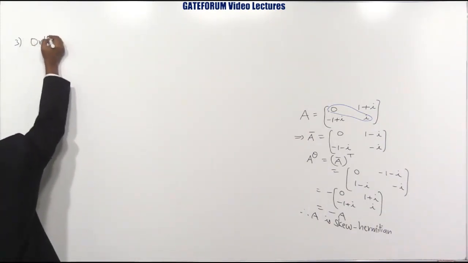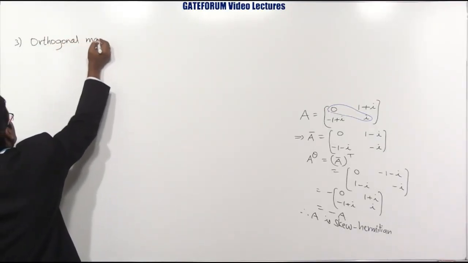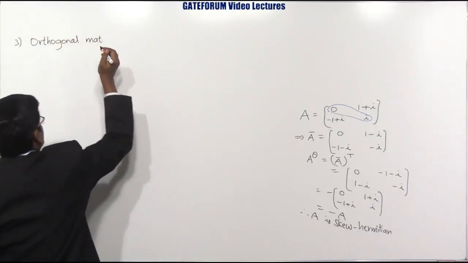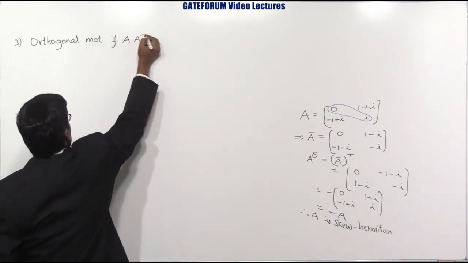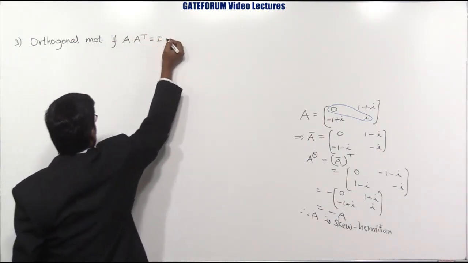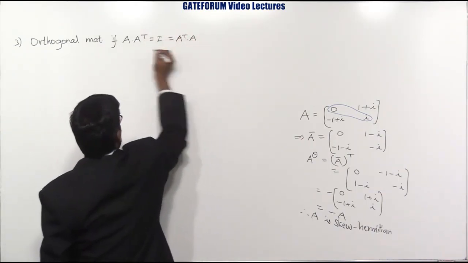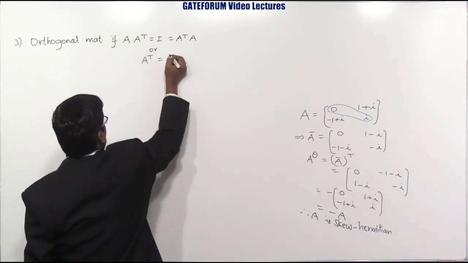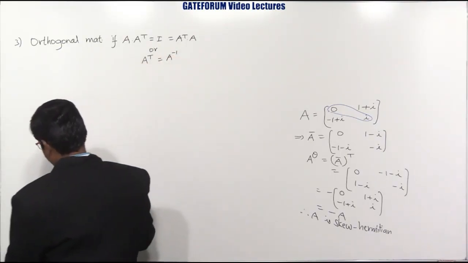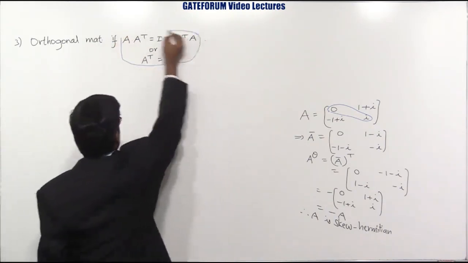Orthogonal matrix: if A into A transpose is equal to I, the identity matrix, is equal to A transpose into A, or the transpose of a matrix is equal to the inverse of the same matrix, then that matrix is called an orthogonal matrix.